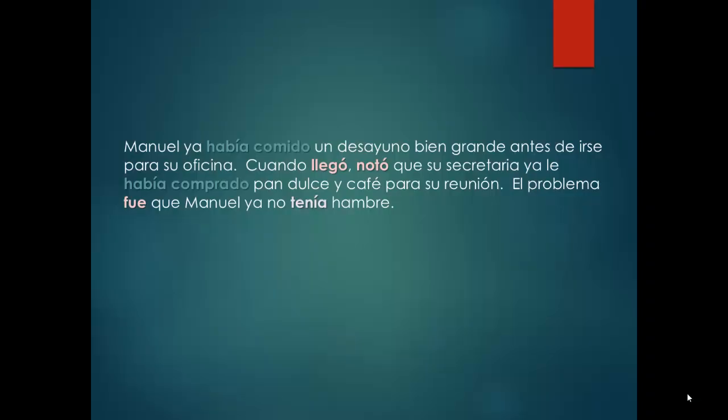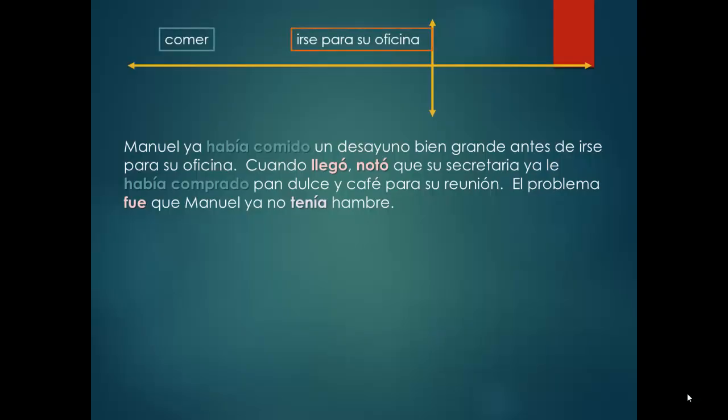Note how the pluscuamperfecto is working in tandem with the other past tense forms, setting up what happened before the other actions. So let's set up our timeline again and see that the first sentence, the eating of the breakfast, happened before leaving for the office.